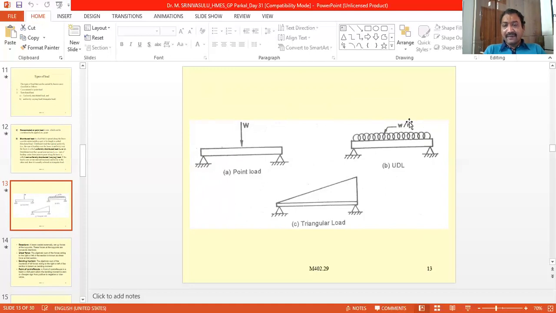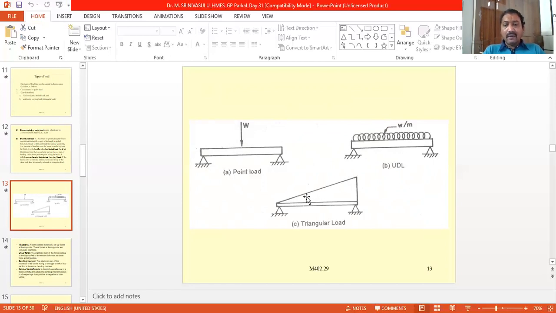And here the magnitude will be given like this, some W newtons per meter length, because this is a length. So for example 10 Newton per meter means that per meter, the load acting is 10 newtons, and within that 1 meter the 10 Newton is distributed like this. So this is the uniformly distributed load.